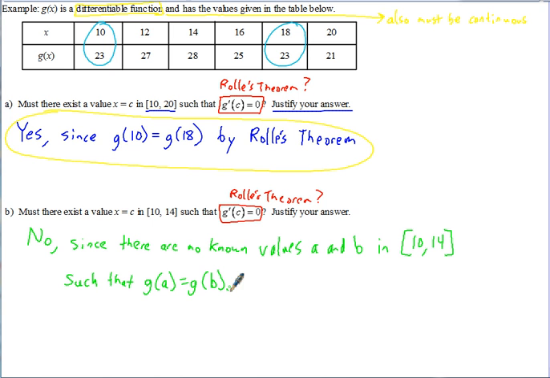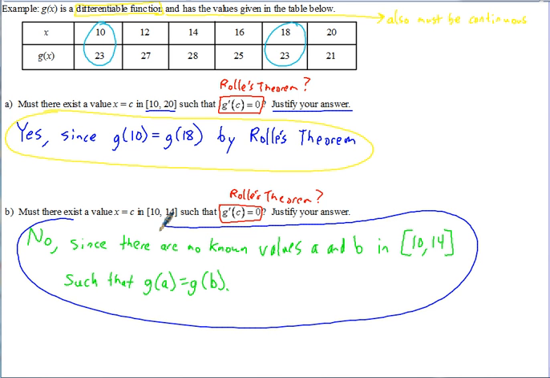In this case, there weren't any places. We should always say no known values. There might be some place in between here where the y values actually are equal, but we can't see it. These are the only ones we know on these 3 points.